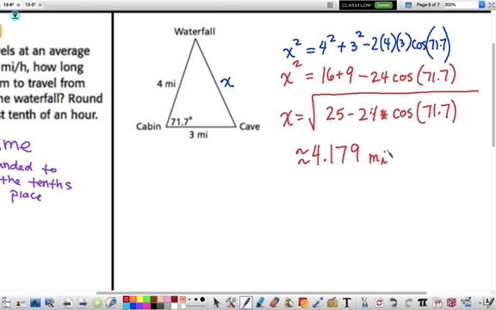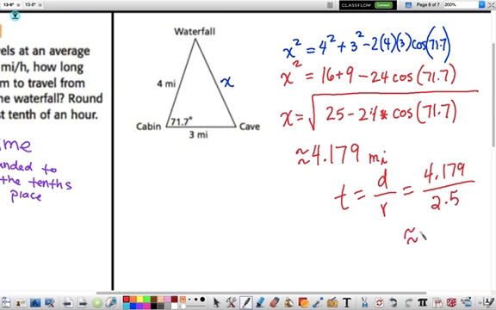And then let's see, finally, I know my answer from what Alex told us. We need to have time, so I say I'm not done yet, because this is just distance. Time equals distance divided by rate. The rate was 2.5 miles per hour, correct?